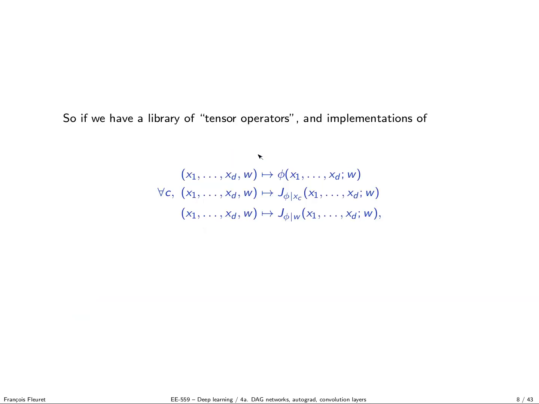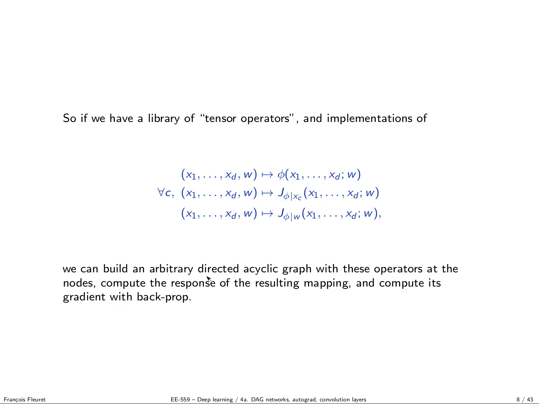So now, what do we get? If we have an arbitrary library of tensor operators phi, and those phi depend on parameters and get an input, and if we are able to compute the response of phi, the Jacobian of phi with respect to the input, and the Jacobian of phi with respect to its parameters, then we can build an arbitrary directed acyclic graph using those operators at the nodes, compute the response of the resulting mapping, and compute the gradient of any loss with respect to the parameters using backpropagation.